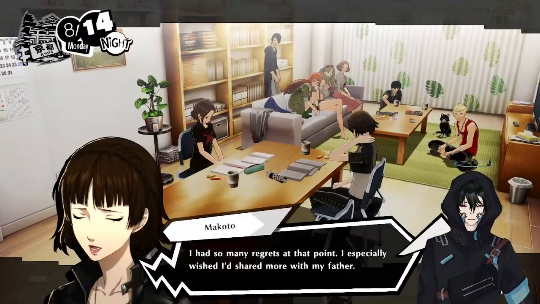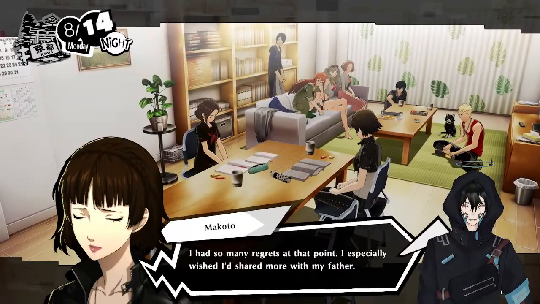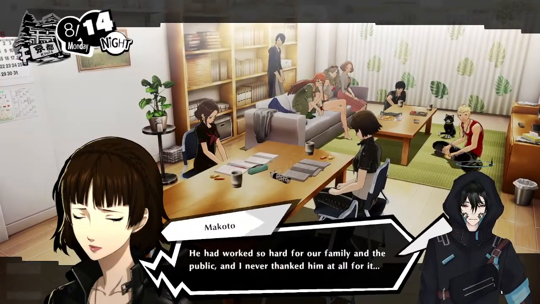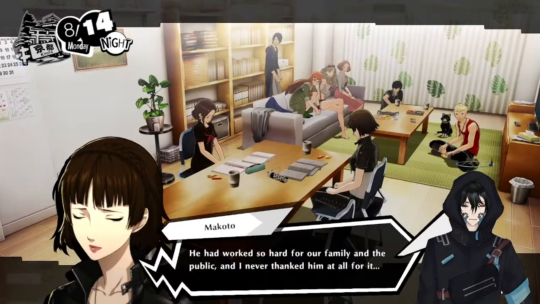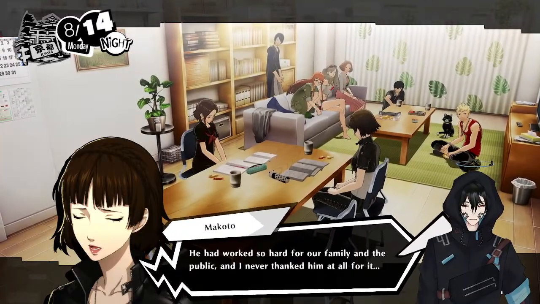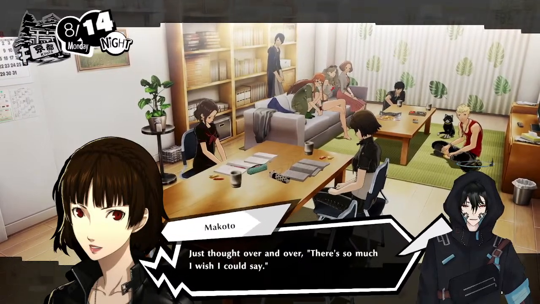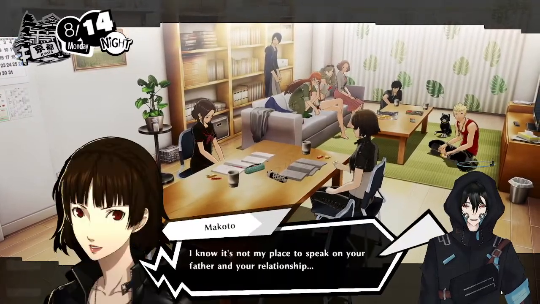I had no idea. That's the many regrets at that point. But she wished I'd share more with my father. I worked so hard for family, my pop. I never affected man after all. That's what over and over. That's much I wish I could.